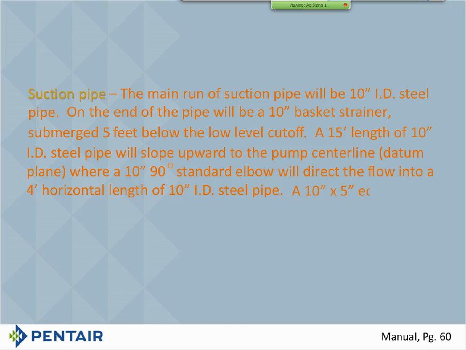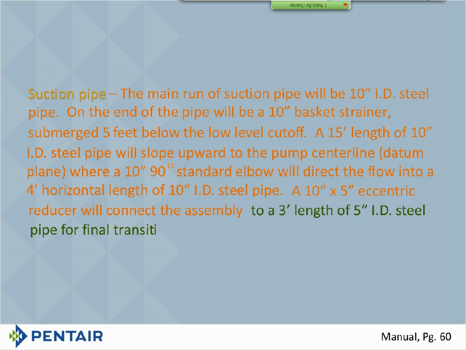A 5x10 eccentric reducer, and I'm going to show you what that looks like so you totally understand it, will connect the assembly to a 3-foot length of 5-inch ID steel pipe for the final transition into the suction intake of the pump. So we're using a 5x10 eccentric.